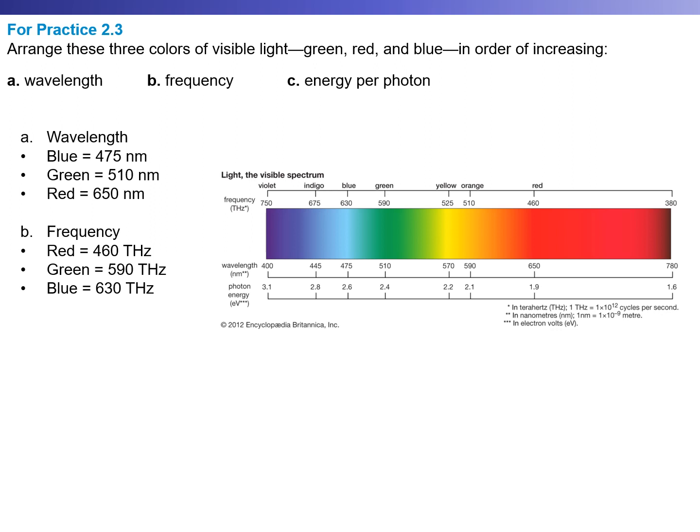And then our last value, the energy of the photons down here at the bottom, shouldn't come as a surprise. It is going to basically follow the values for the frequency, and we're going to put the order as red, green, and blue.